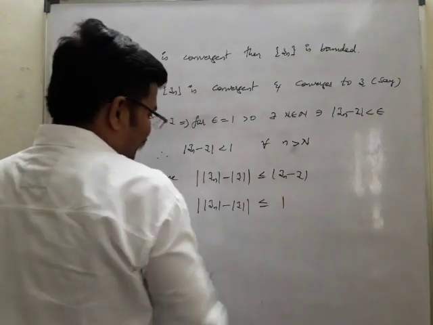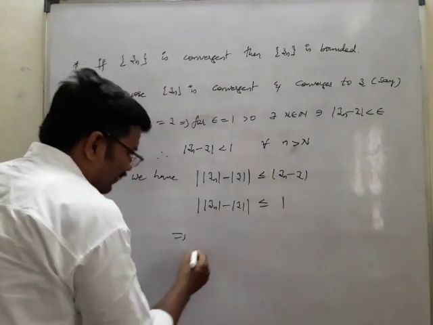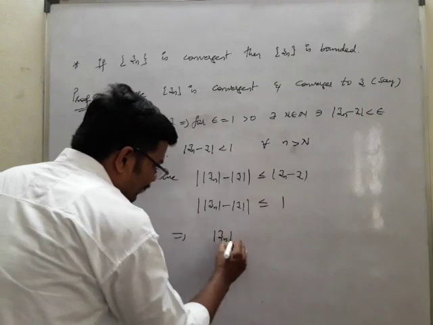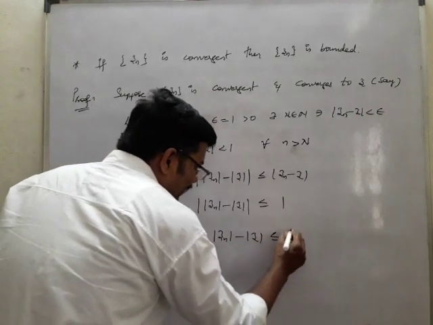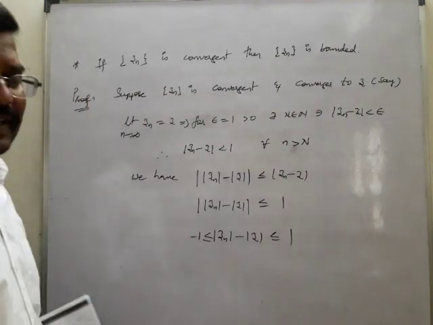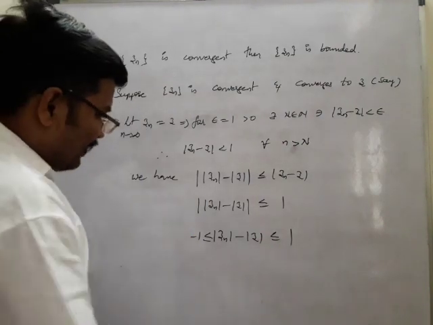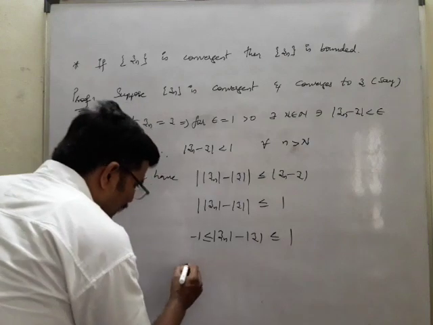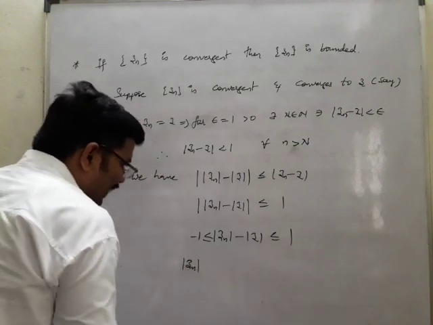This I am writing in the form of mod Zn minus mod z is less than or equal to 1, and this is minus 1. One is a positive value, the other one is a negative value. So what I will get is Zn minus 1.